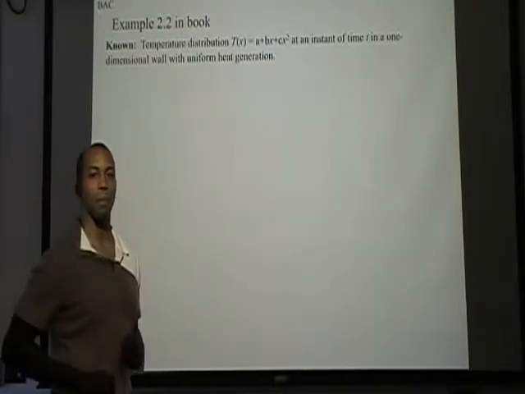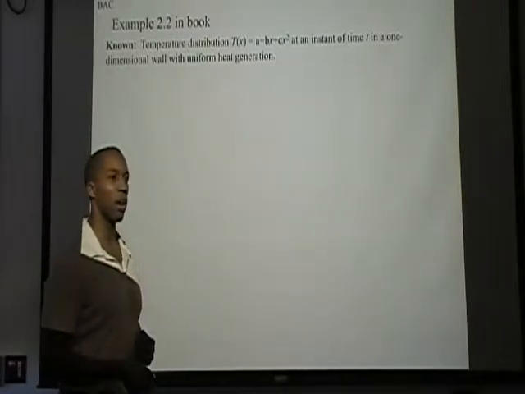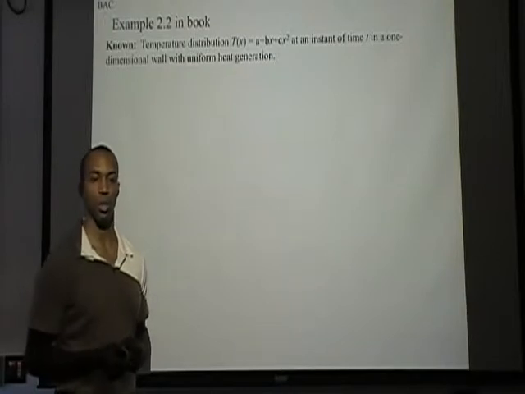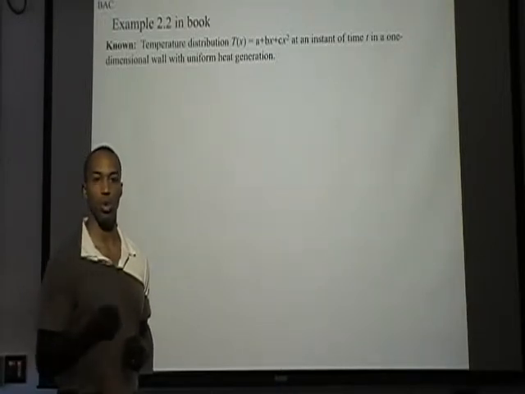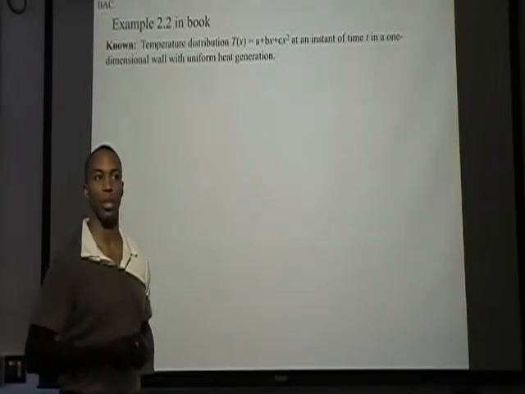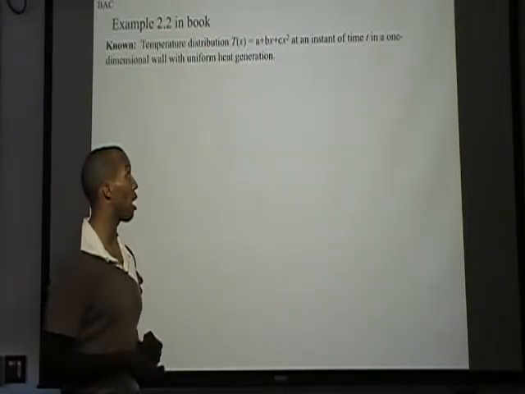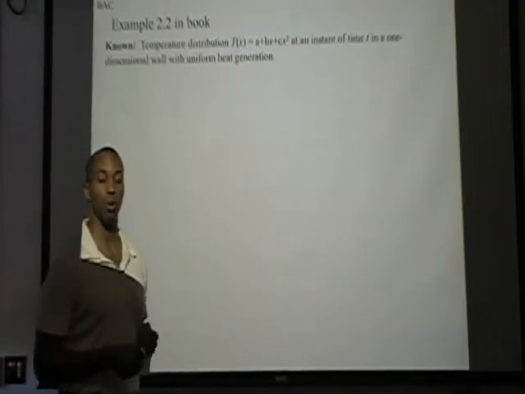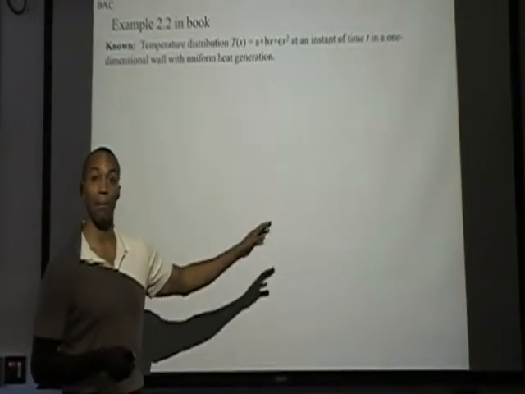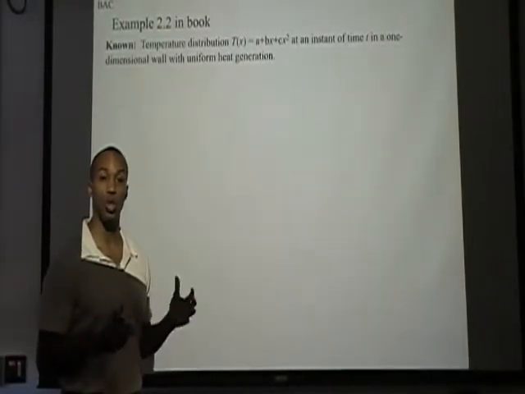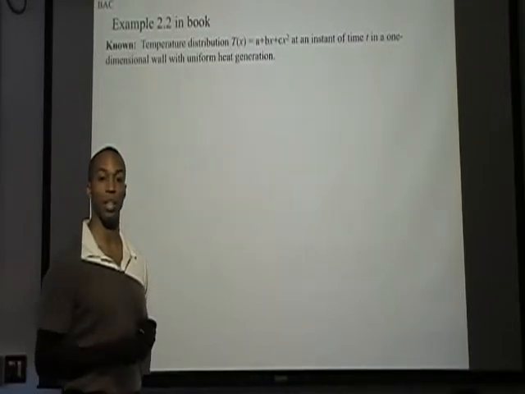And there's the second type of problem, which is where you don't know the temperature distribution and you need to use the heat equation in given boundary conditions to solve for it. So this is that first type of problem, where a temperature profile is given to you out of a black box, and now we're going to use that to get heat transfer information.